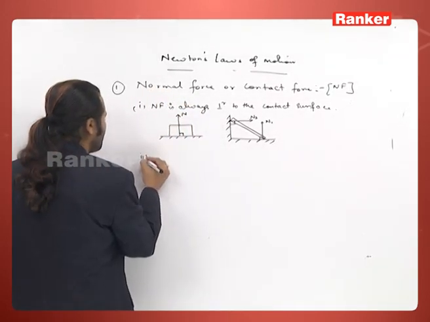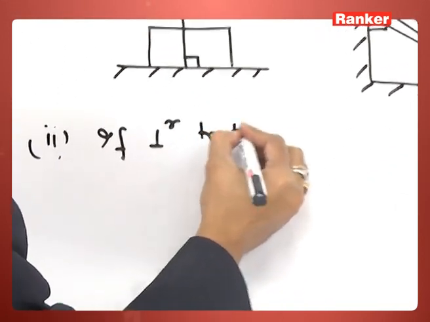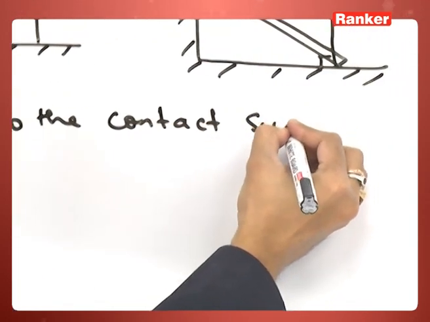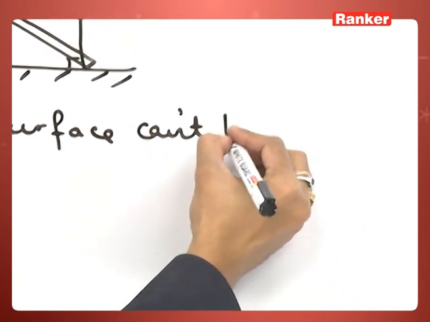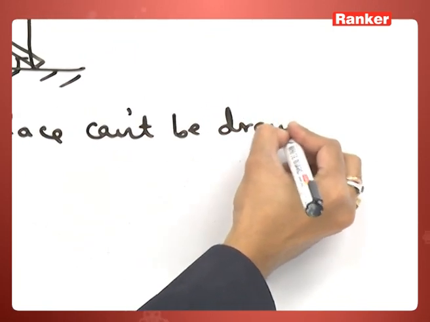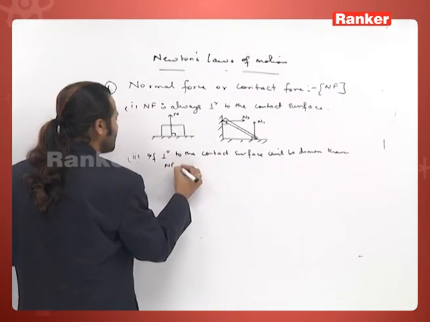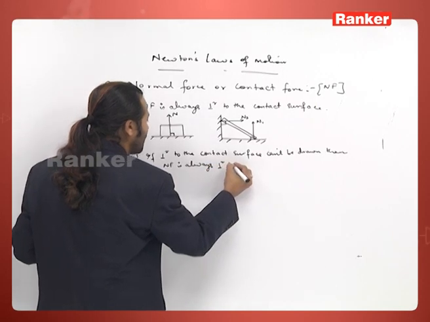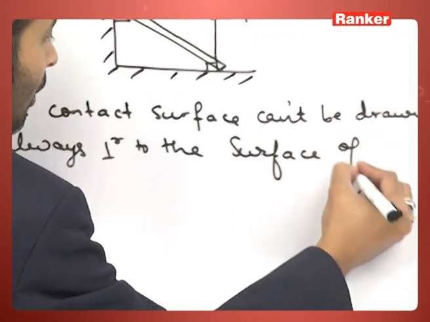Number two, if a perpendicular to the contact surface cannot be drawn, then normal force is always perpendicular to the surface of the body.